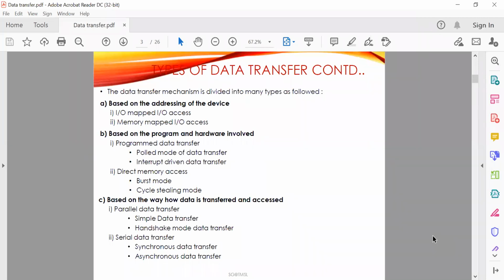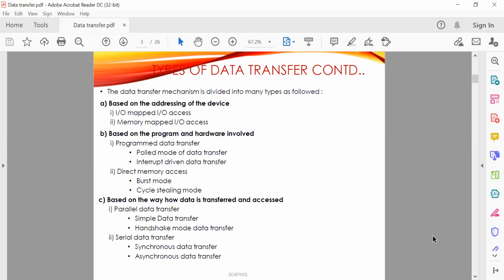As I have told you in earlier classes, you can interface the IO devices with the microprocessor using two techniques: IO mapped IO and memory mapped IO. The second is based on the program and hardware involved, where program data transfer is available and direct memory access method is also available.